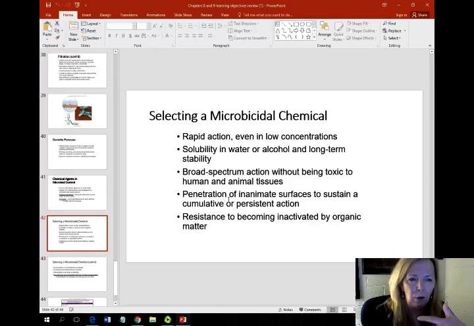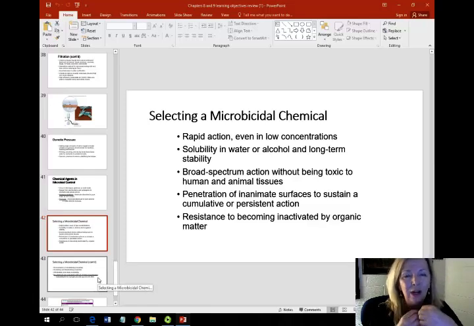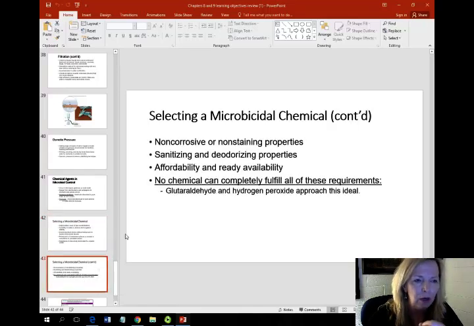And again, this is so important, without being toxic to human or animal tissues. It can penetrate inanimate surfaces, so that it's not just superficial, but can actually penetrate if it needs to. And it can be resistant to becoming inactivated by organic matter. Organic matter is like living tissue matter, and some products that organic matter produces can sometimes inactivate certain chemicals, so we don't want that happening.